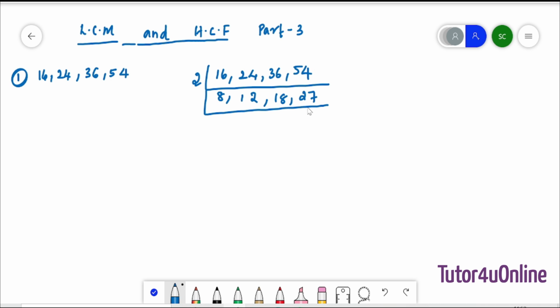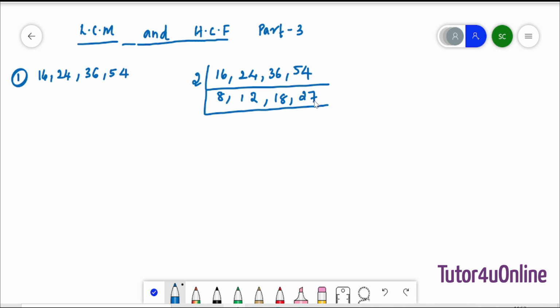Now, to find the LCM, you do not have to find a common factor for all the numbers. If you see here, 2 is a common factor for 8, 12 and 18, but 27 is not divisible by 2.